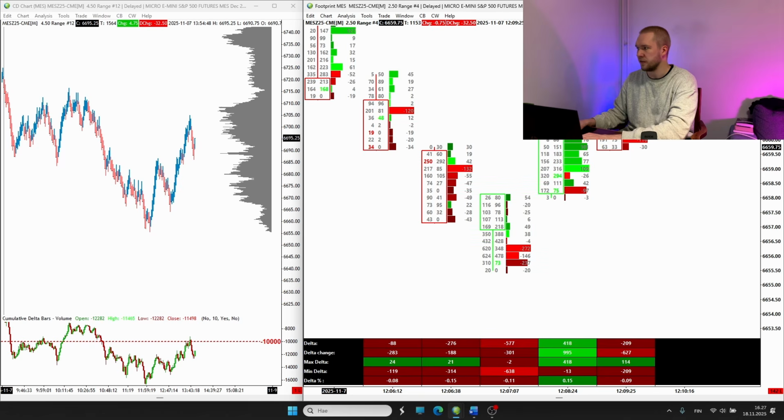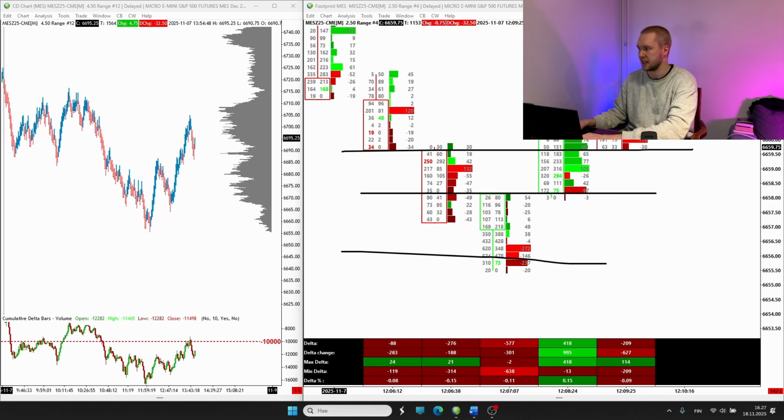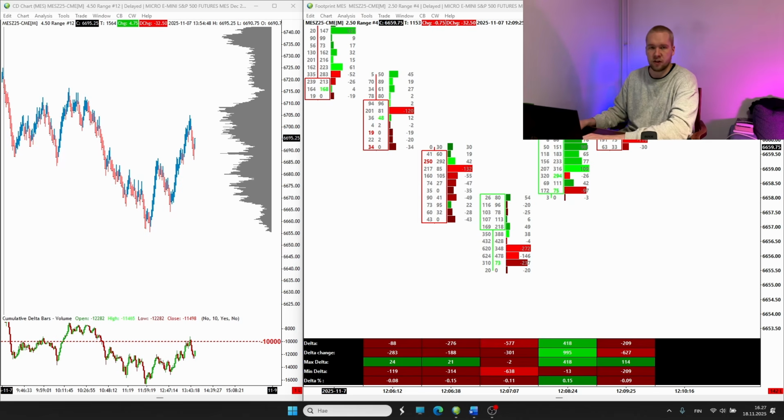So this is obviously going to be a key level. It's somewhere in here. We don't know exactly what price level it is, and typically key levels aren't specific price levels, but a region of price. So it could be 4 points or 3 points or whatever. And this is the key level region.